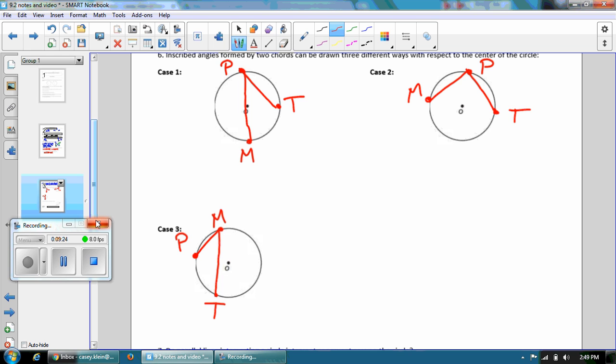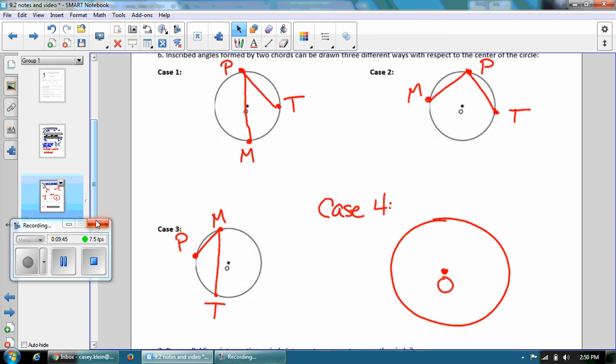Case number 4 is special because it includes a tangent. Do you remember what a tangent is? Go ahead and draw a circle. Let's name our circle O. And let's say you had a line tangent.